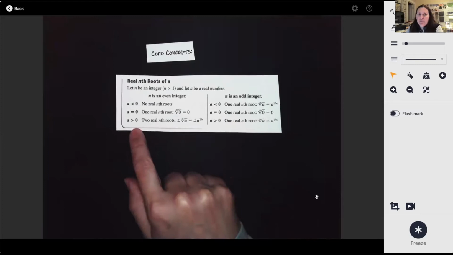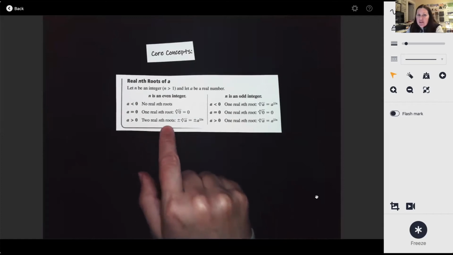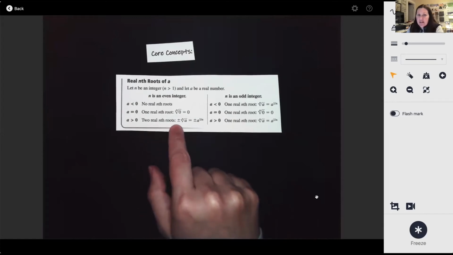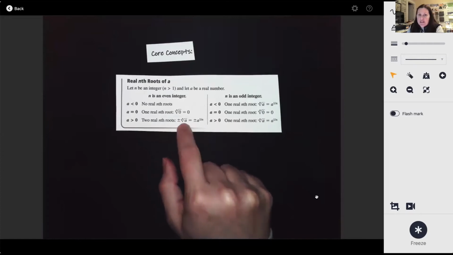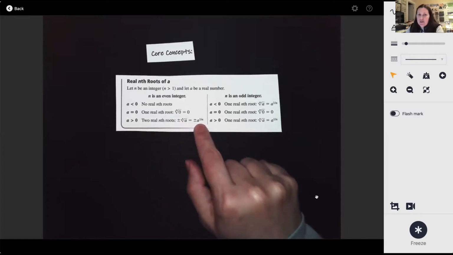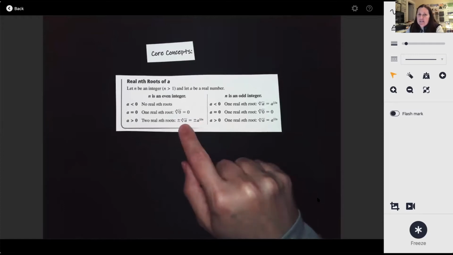And that rule actually goes for when n is odd as well. If you're taking an even root of a positive number, you're going to have two real roots. It's the plus and minus of the nth root of a. And it can be written both ways. The nth root of a can also be written as a to the 1 over n power. So if you have a power that is a fraction that is 1 over n, then that's the same thing as saying it's the root n.